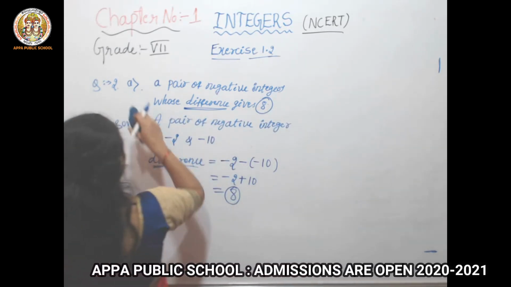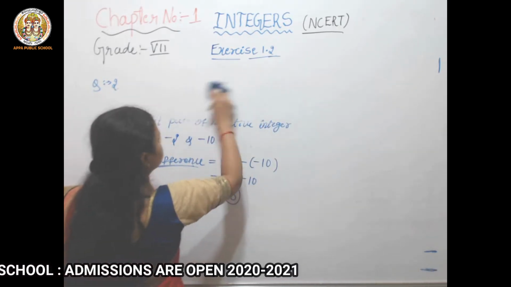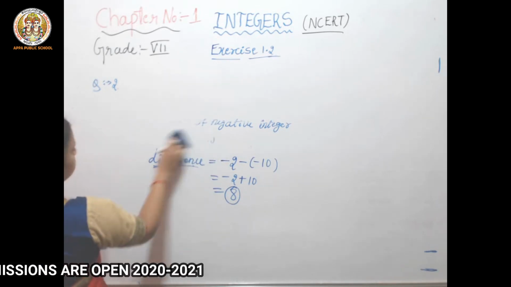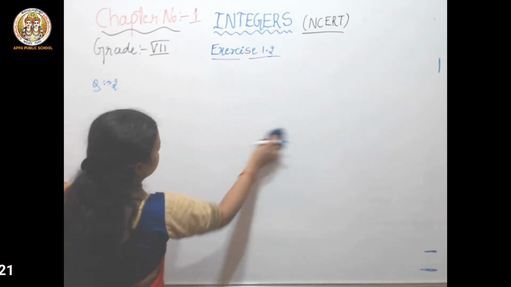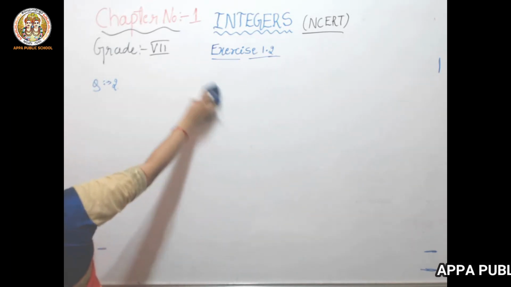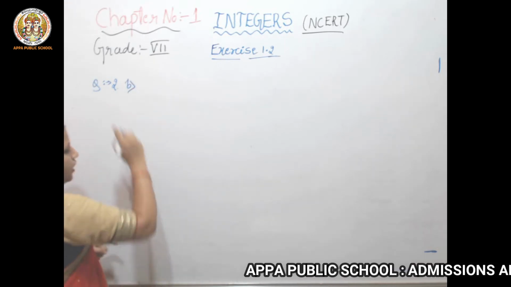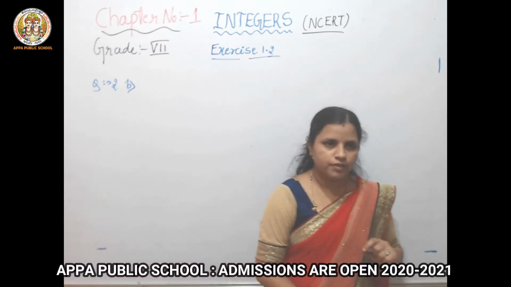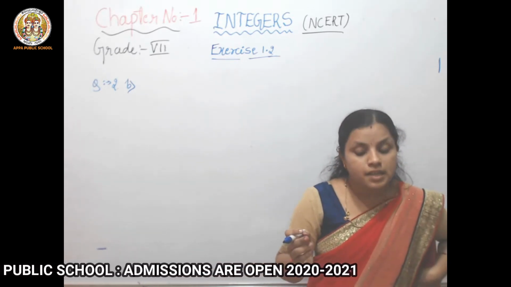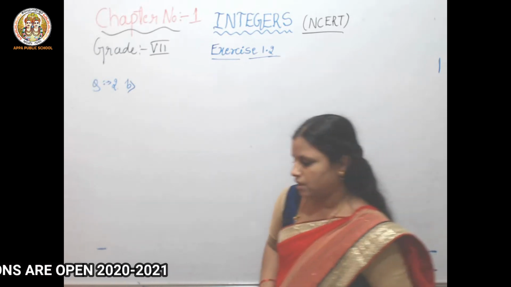B, in this main question. In the B question, we should write a positive integer and a negative integer. Here one of them is positive and the other is negative, whose sum is -5.